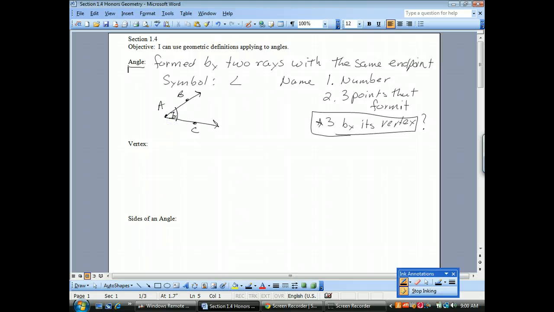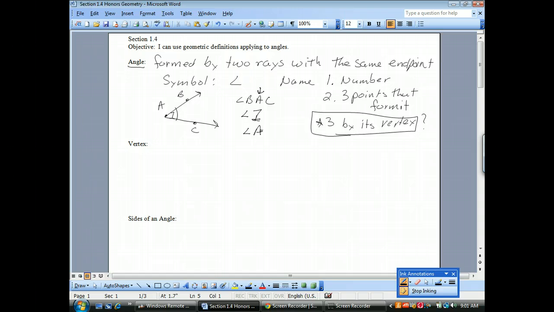Okay, and because there's only one angle here, we can just say angle A. So we could say angle BAC. Note that the vertex always has to be in the middle when you use 3 points to name it. We could say angle 1, and in this case, because there's only one angle there, we can say angle A. So those are the ways that we can name it.